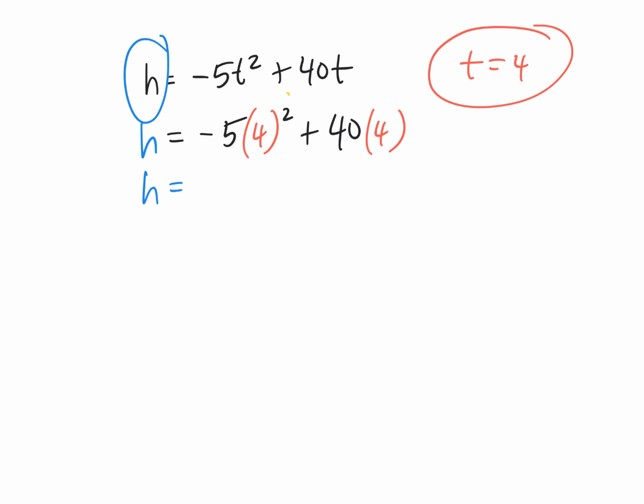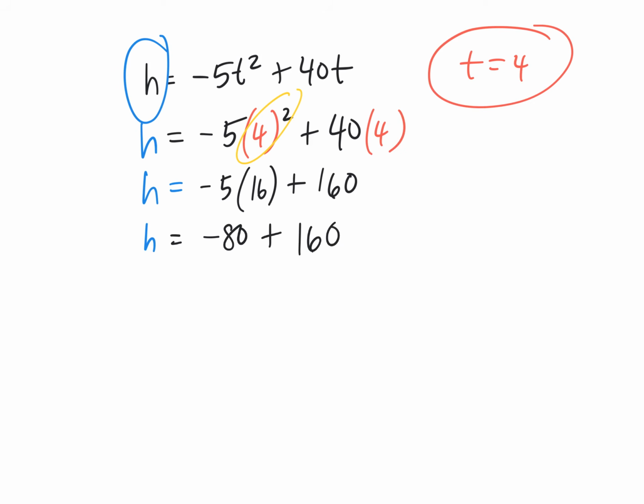So again, negative 5 times 4 squared, so negative 5 times 16, plus 40 times 4, 160. What's negative 5 times 16? Negative 80 plus 160 equals, the height is equal to positive 80. So does that make sense? So let's go back and look at my little sketch.